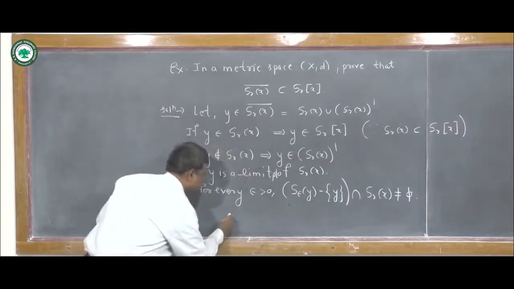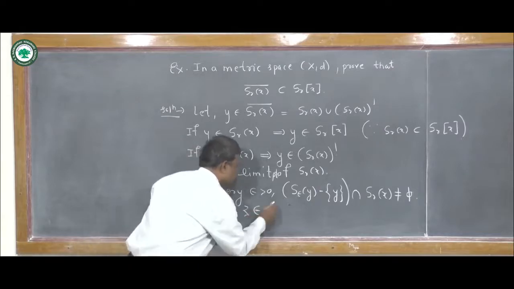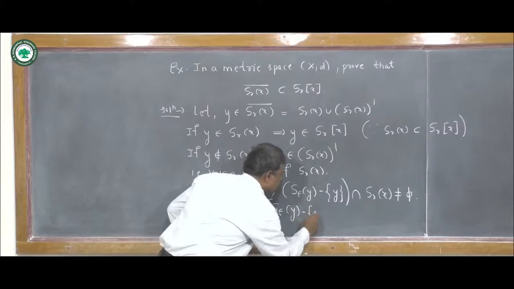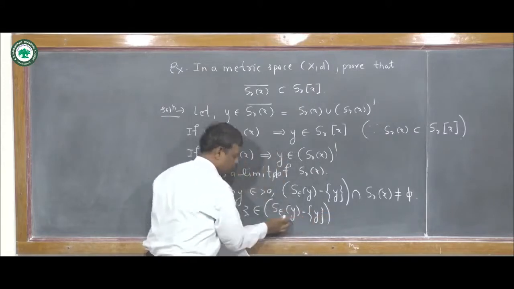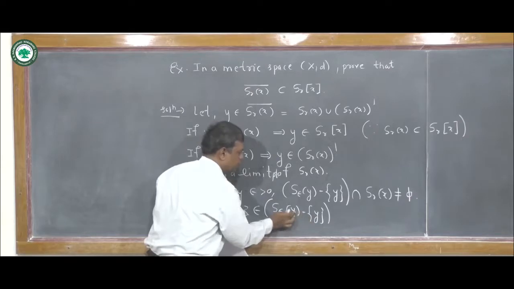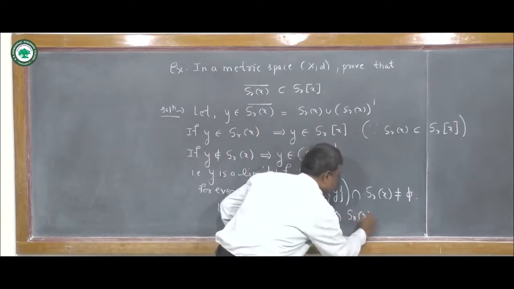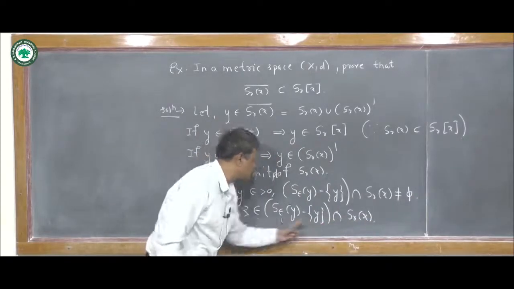So we write here, let z belong to this set, which is the intersection of the open sphere S_epsilon(y), whose center y is deleted here, with the open sphere S_r(x). Now it means that z is a member of these two sets.